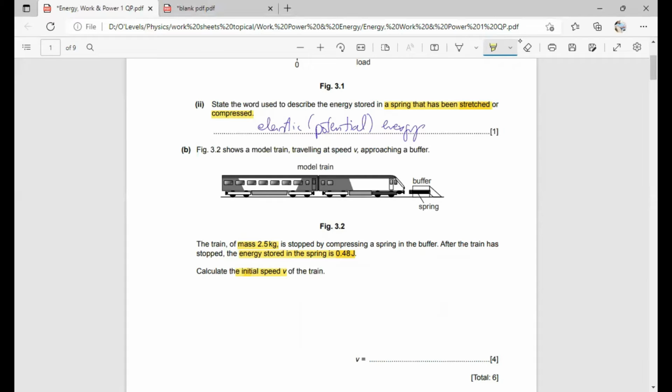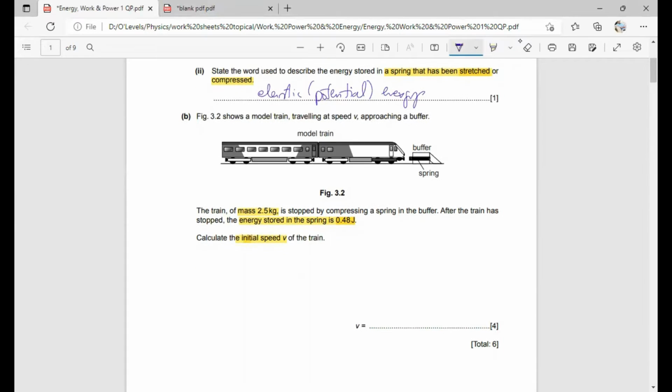So we know well about the motion energy, that is 1/2 m v squared. And we have the value of energy, that is 0.48, equals 1/2 multiplied by 250 into v squared. So 0.48 multiplied by 2 over 250 is equal to v squared.